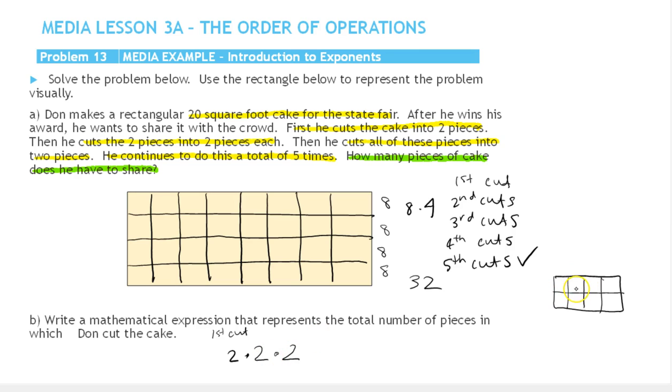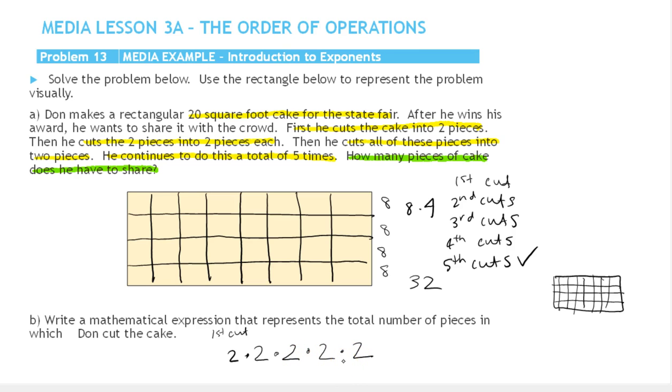We'll have that many more pieces since we're cutting them in half. So times 2. And then lastly, we did our 5th cut where we have 2 times all of these pieces. There's 16 when we cut them in half. Now we have 2 times that. Okay. So notice this is 2 times 2 times 2 times 2 times 2.